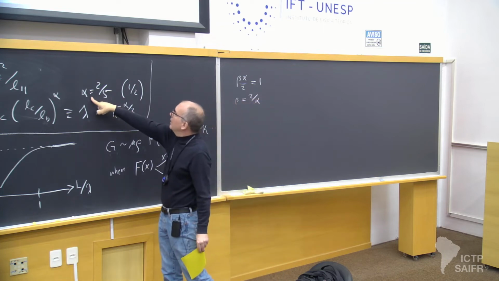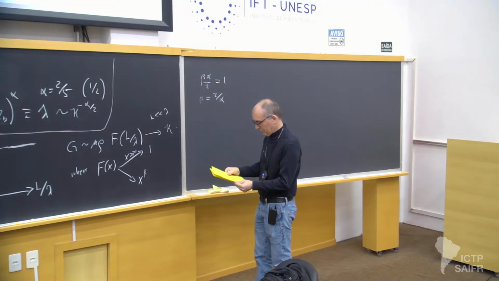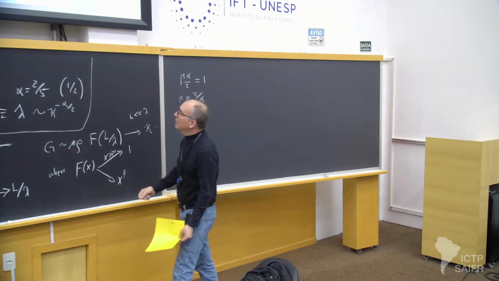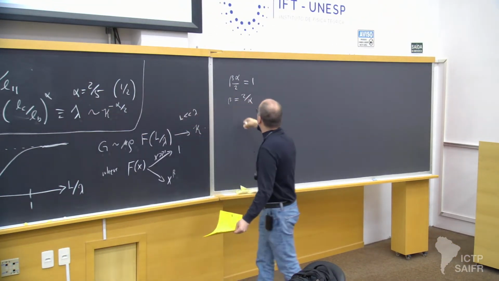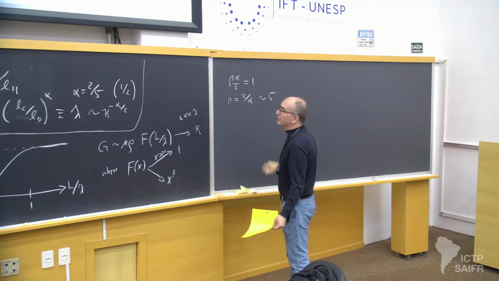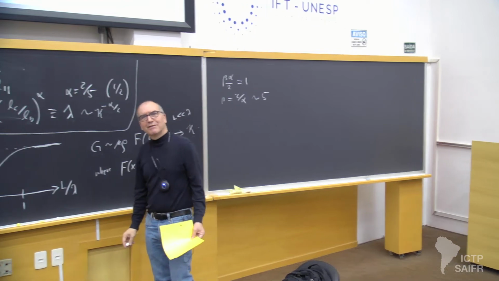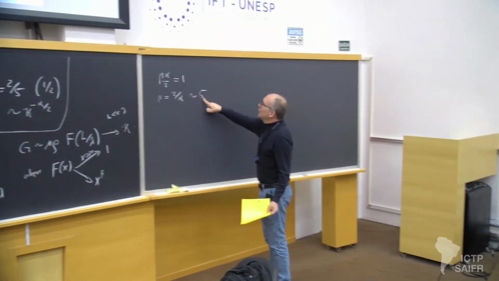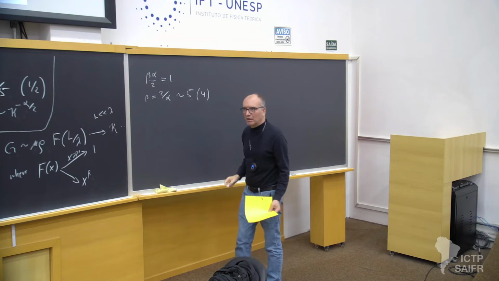I claimed alpha was about 2/5. That would mean this would be of order 5, or about 5. I shouldn't use order of magnitude for an exponent. We're not doing astrophysics here, okay? So this should be 5. A more precise value turns out to be 4, okay?